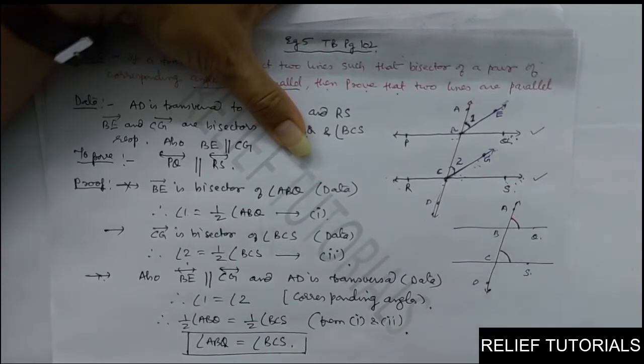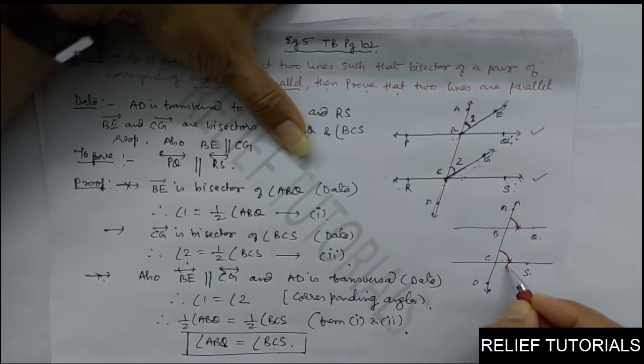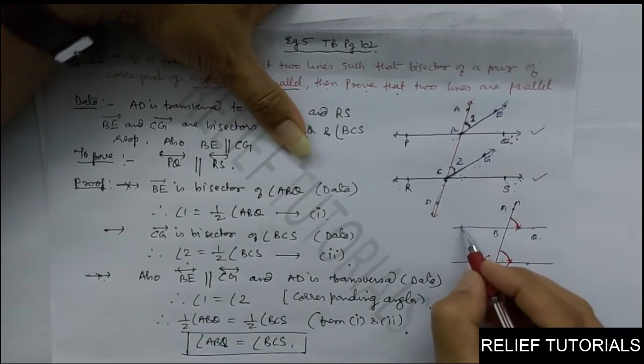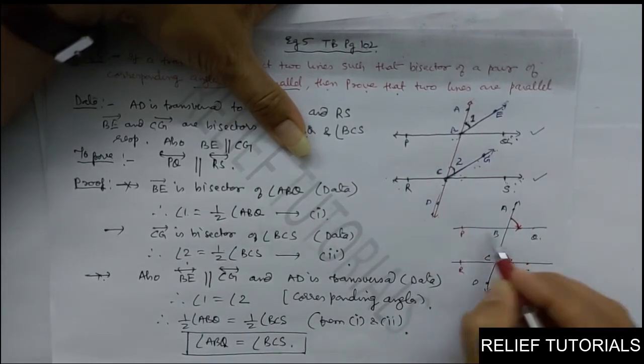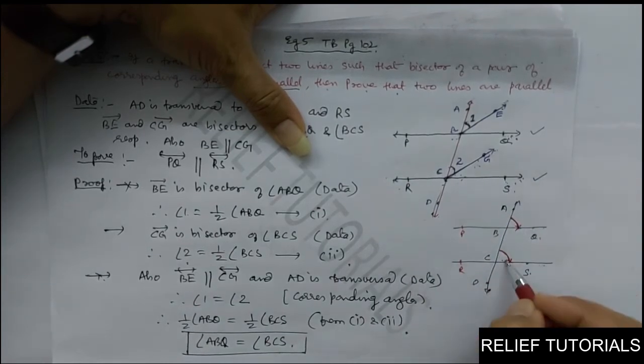These two angles are equal. What do you say these two angles? They are corresponding angles and they are equal. See, they are touching PQ, they are touching RS and they are also touching the transversal. They are corresponding angles and they are equal. So lines are parallel. Have you got it?